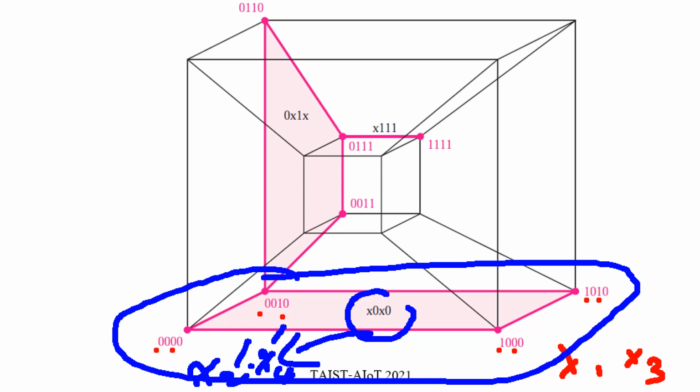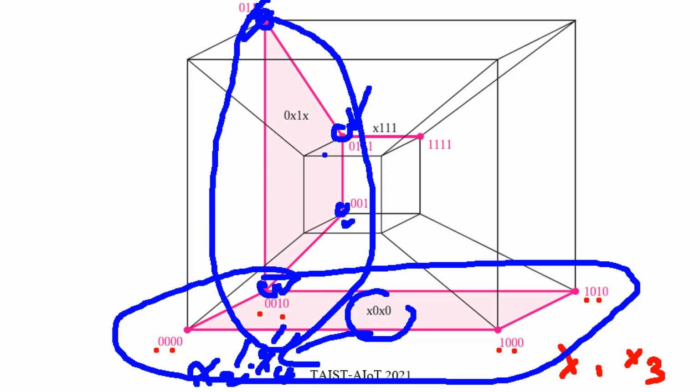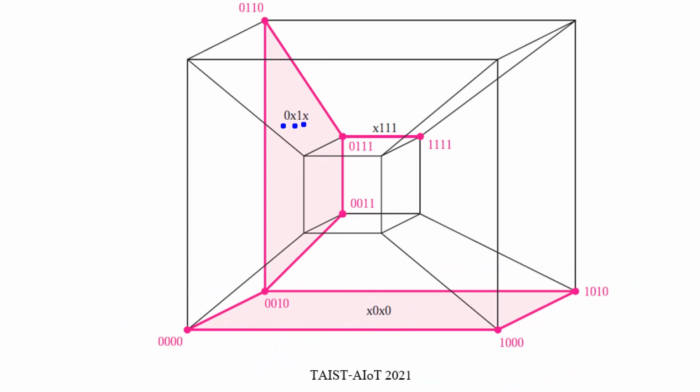And to complete the function, you should select the cubes to cover all vertices that give one output of the function. So if you consider this vertex, and this vertex, and this vertex, you should select this one, which is 0 x 1 x, and this edge, x 1 1 1, which covers 0 1 1 1 and 1 1 1 1.